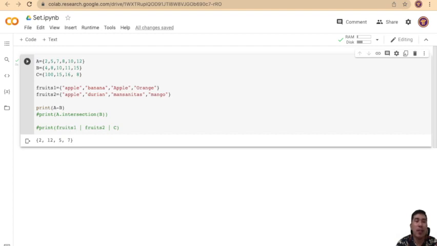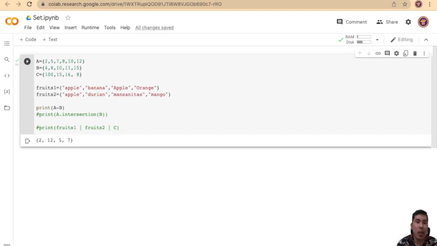Why? Because the elements that are in A but not in B are 2, 12, 5, and 7. You just take the elements that are not in B. That's why what is left is 2, 12, 5, and 7.